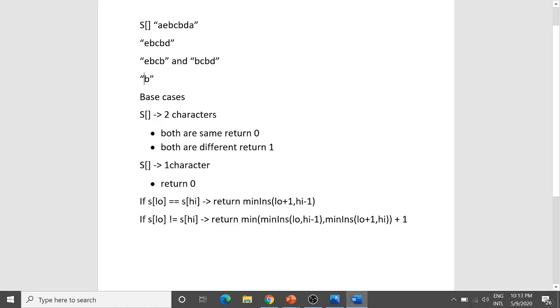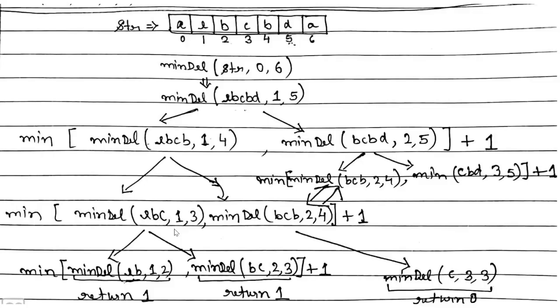Look, if we check how many characters do I need to delete in EBC to make it a palindrome, either I need to delete BC or I delete EB or I delete E and C. I need to delete at least 2 characters such that this string becomes a palindrome, and hence the answer is 2 over here.